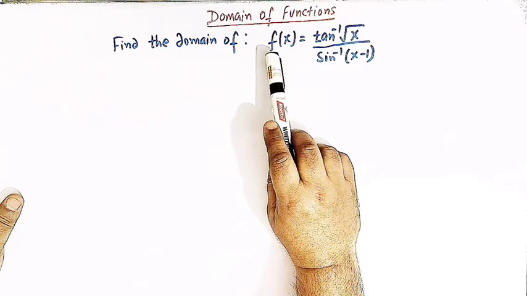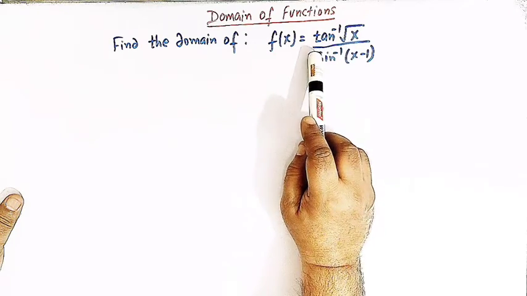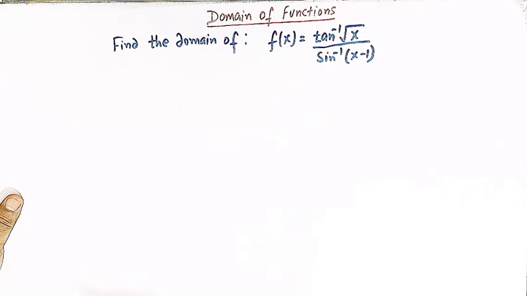So here we have f of x is equal to tan inverse square root of x divided by sine inverse x minus 1, right? So here we'll see how we can find out the domain of functions by using the concept of intersection of domains, right? So let us start.